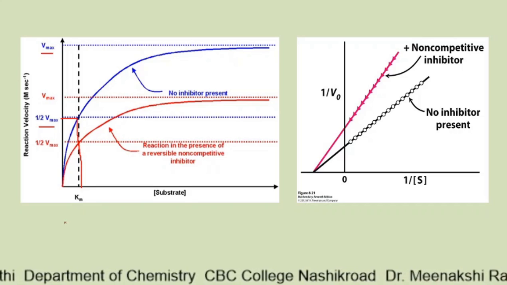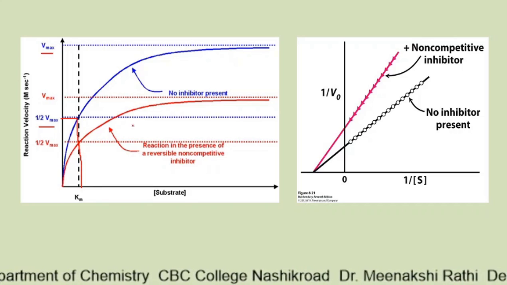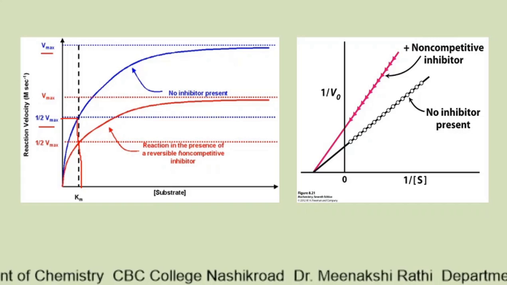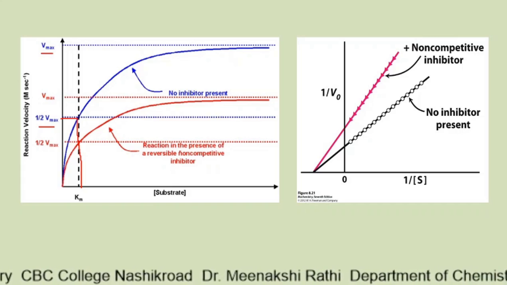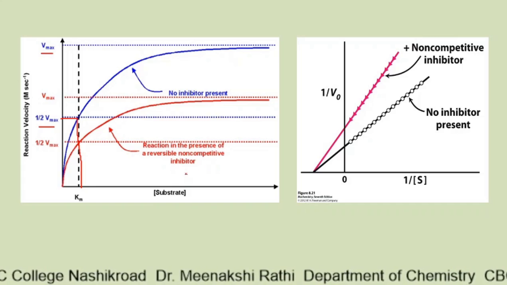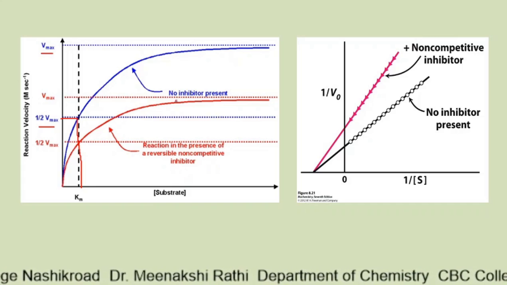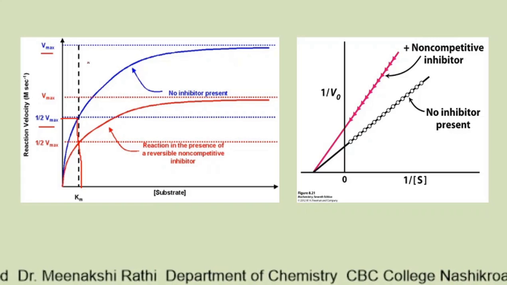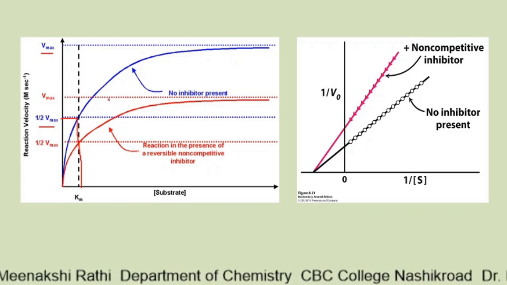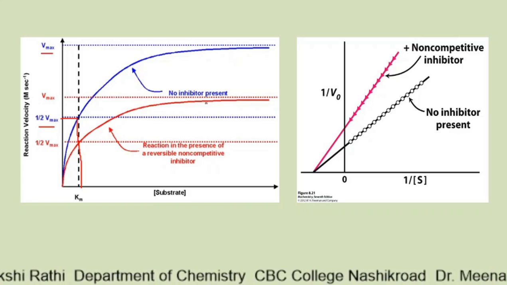Now see the red plot. This red plot is for the reaction in the presence of a reversible non-competitive inhibitor. Now when inhibitor is present, the rate of reaction is decreased. At the same time, Vmax is also decreased. See, the red color line.